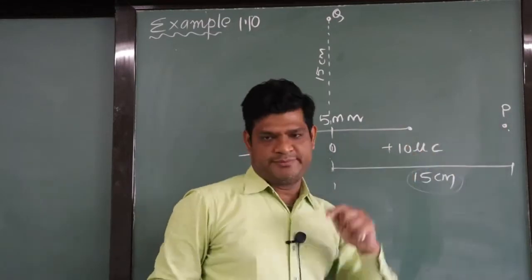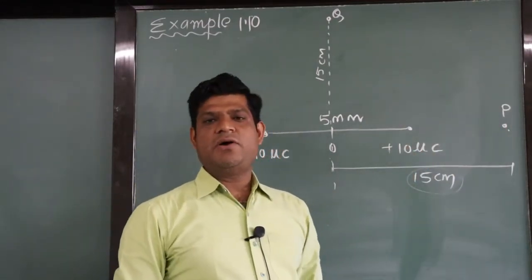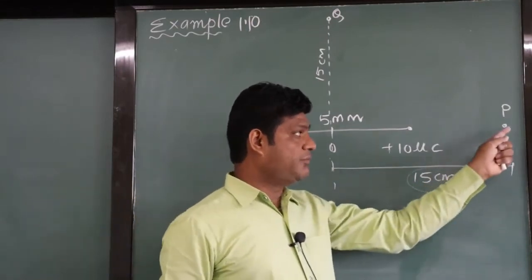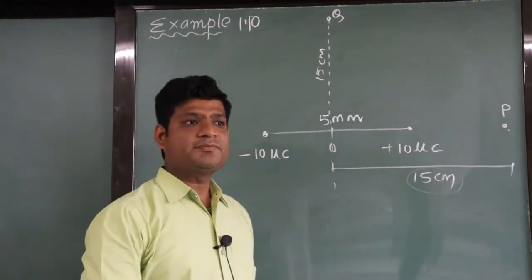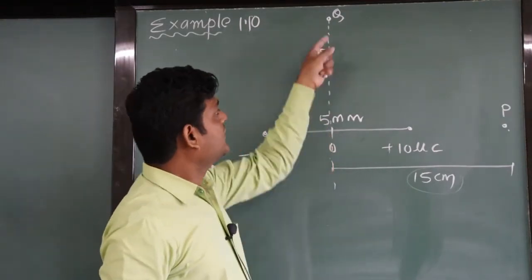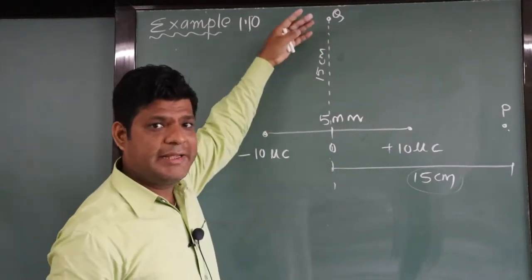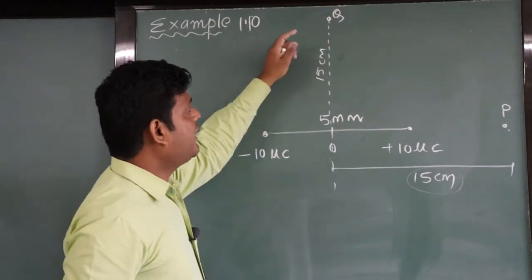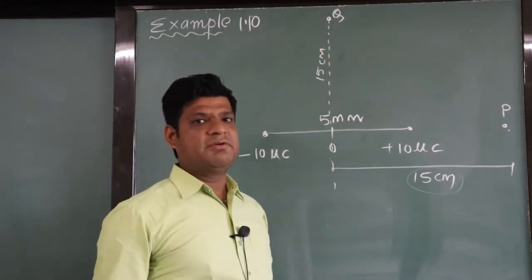That point is P, right. The question is, find out the electric field at point P. This is the first question. The second question is, draw the perpendicular at point O, and at a point Q 15 centimeter away from the dipole, find out the electric field at point Q.